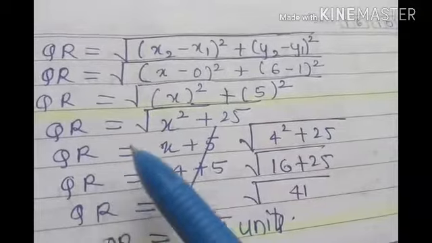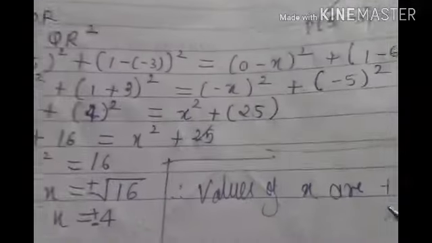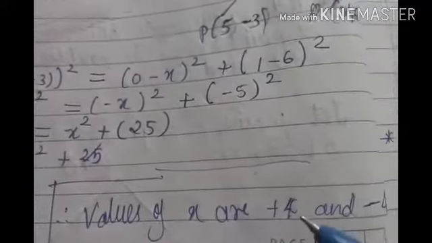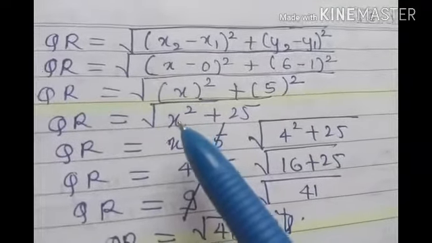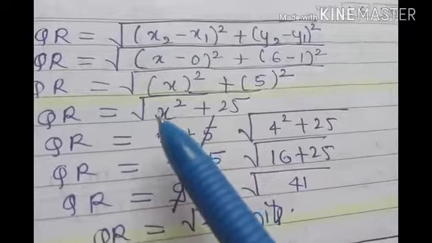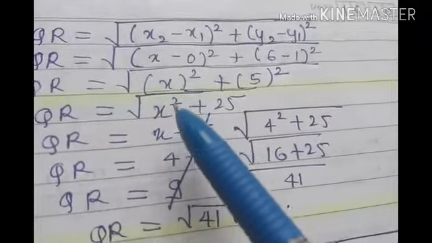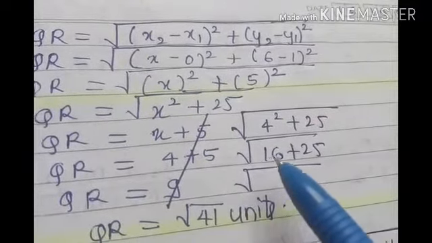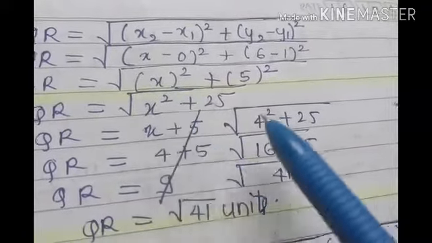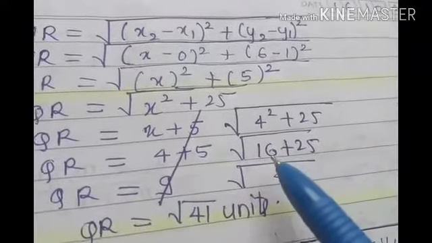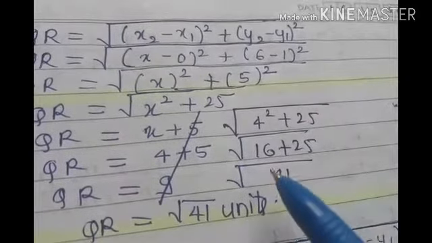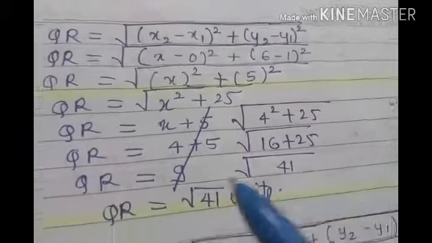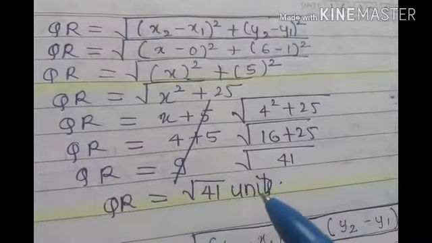What is the value of x we have got? 4 and minus 4. If you put minus 4, minus 4 the whole square is 16. If you put plus 4, you still get 16. So QR is equal to root of 16 plus 25, so root 41 units.